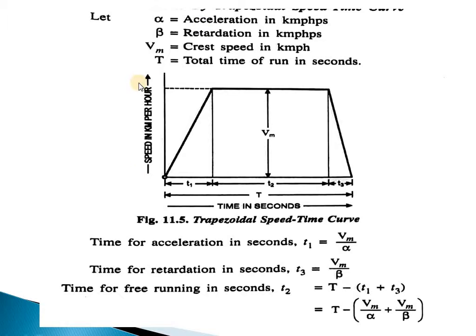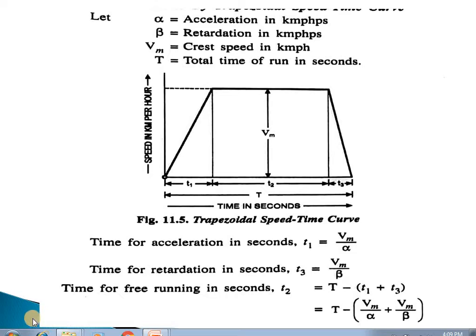Here alpha is the acceleration in kilometer per hour per second, beta is the retardation in kilometer per hour per second, Vm is the crest speed in kilometer per hour, and T is the total time of run in seconds.